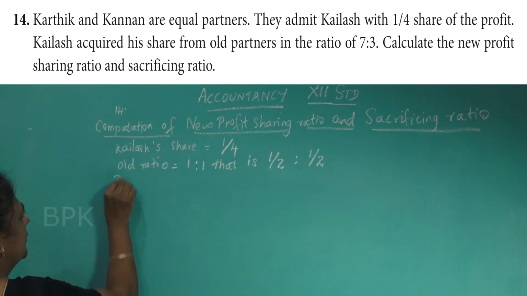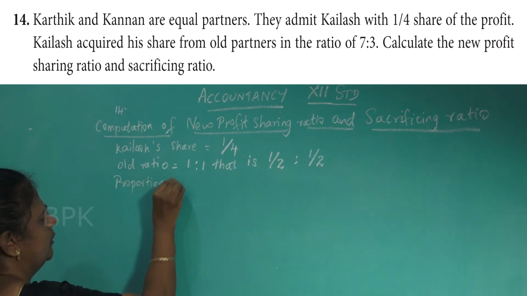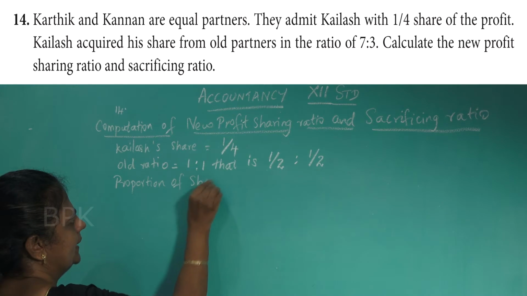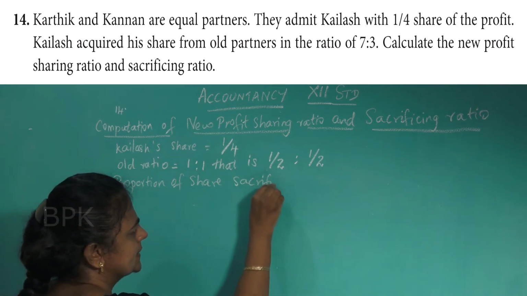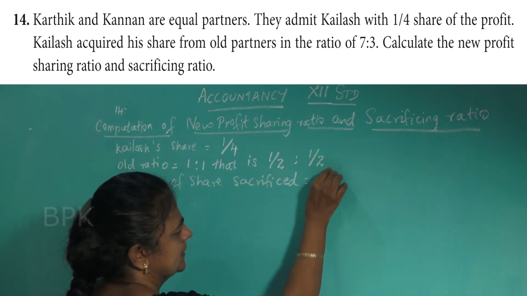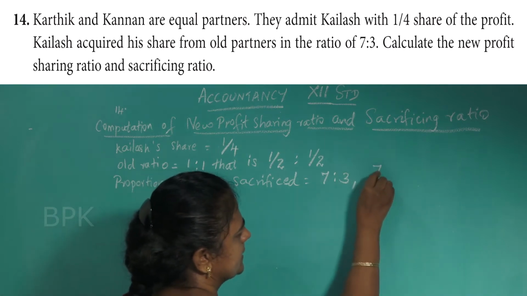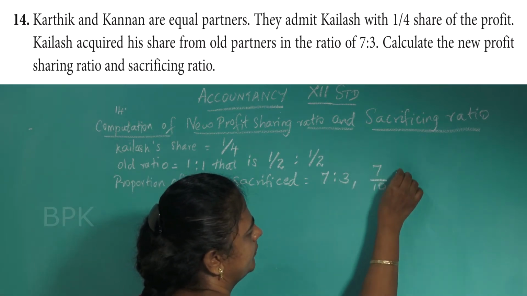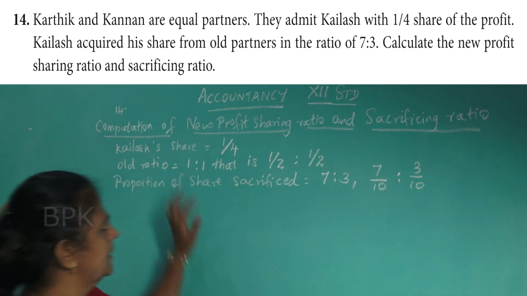Proportion of share sacrificed: we are going to sacrifice in this ratio, that is 7:3. It can be written as 7/10 is to 3/10. So these are the things given in the question.